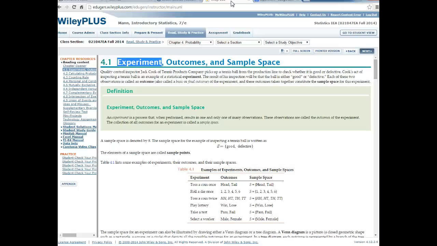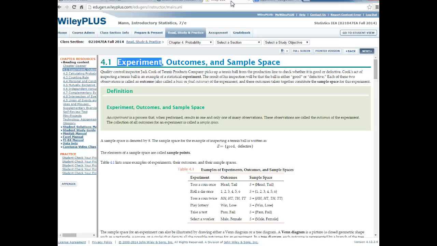If you did know the outcome, would you call it an experiment? If you knew what was going to happen, would you really call it an experiment? No, not really, right? So that's reasonable. So anything where you perform some action and you don't know the outcome, we'll call an experiment.